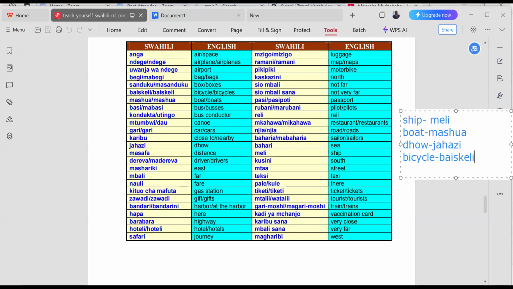Like motorbike, which you call piki, the bicycle we call baiskeli. And it's still being used. So that's on road, but on water we use meli or mashua or jahazi.